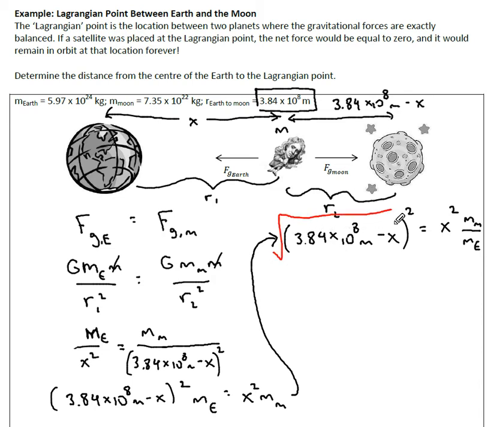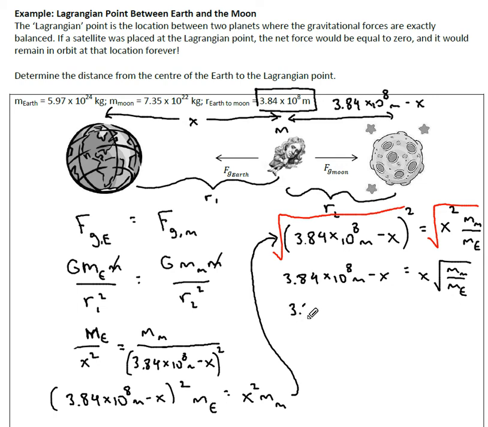We square root the left side, we square root the right side, and we end up with 3.84 times 10 to the 8 meters minus x, and that's just equal to x times the square root of the mass of the Moon over mass of the Earth. Now it's just a matter of grouping like terms, because even though we have the square root of mass of the Moon over the mass of the Earth, that's just a number. I'm going to solve it algebraically though.